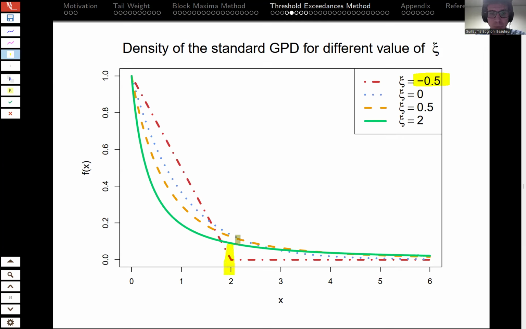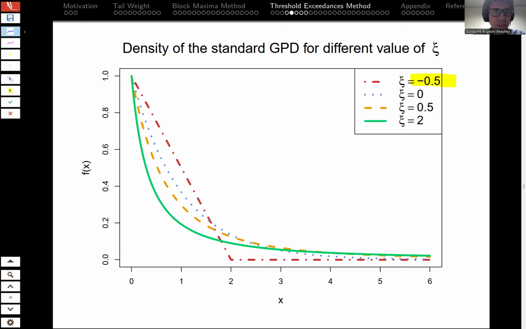In this specific example, for Xi equal to minus 1/2, the upper bound would be 2. And then if Xi is either 0 or strictly positive, the distribution doesn't have an upper bound on the support. But if Xi is bigger, the distribution is heavier tailed.